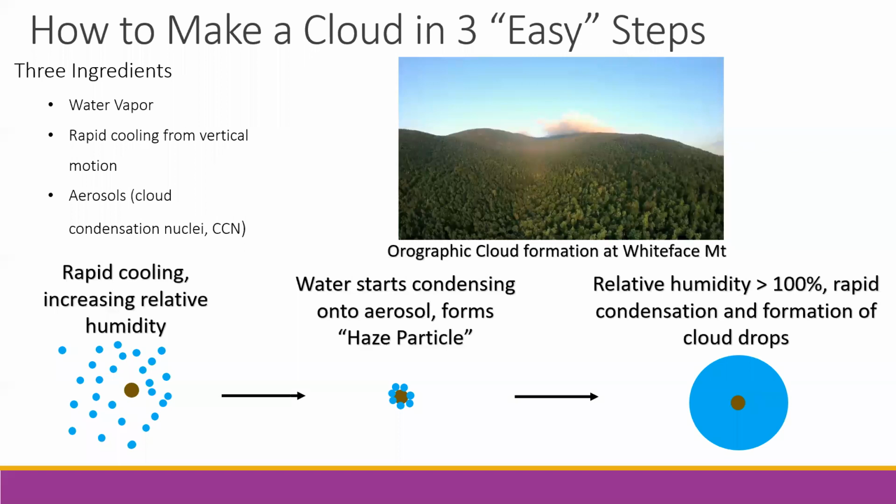As the relative humidity gets a little bit above 100%, you get this rapid condensation and the formation of a cloud droplet, which can make the aerosol grow 10 to 100 times bigger in size. The chemical composition and the size of that aerosol play a very crucial role in the size of the droplet that's formed.